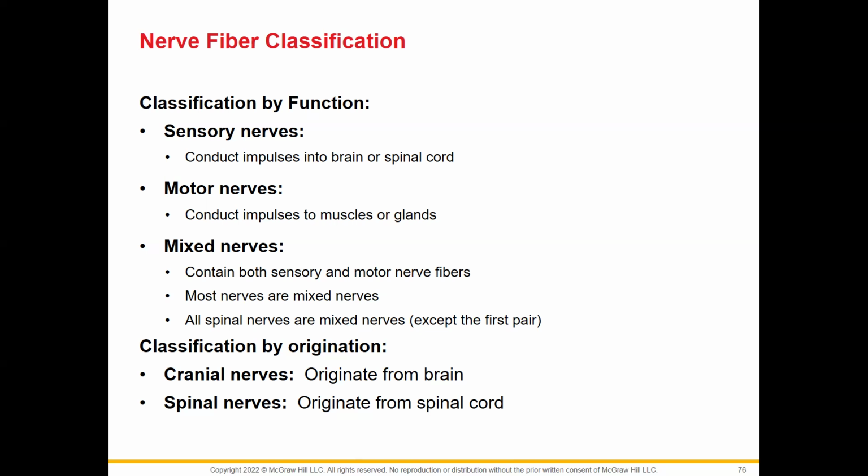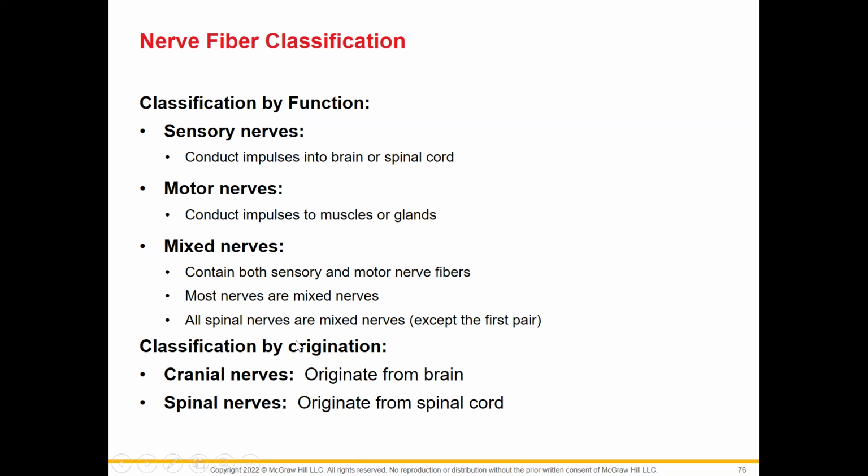All spinal nerves are mixed, except the very first pair that comes out between C1 and the skull. That one is not mixed, but every other spinal nerve is mixed. If you remember, in the cranial nerves, some were sensory, some were motor, and some were mixed, but not all of them.